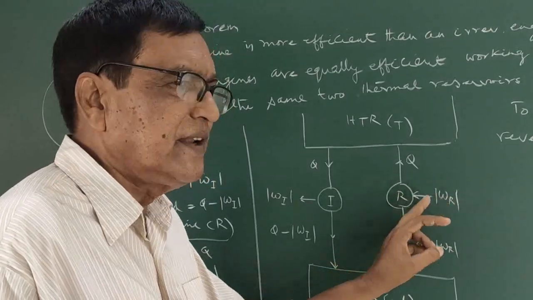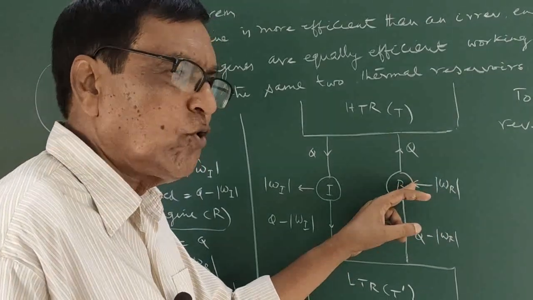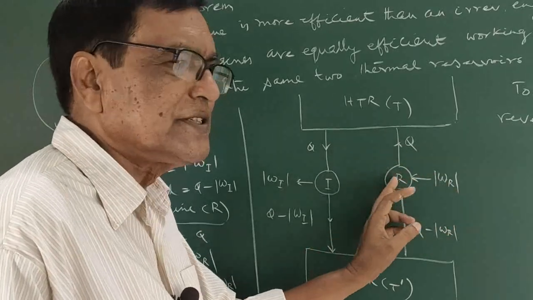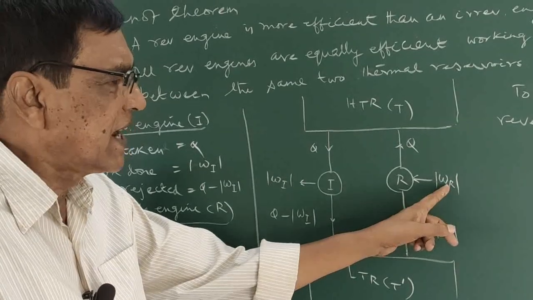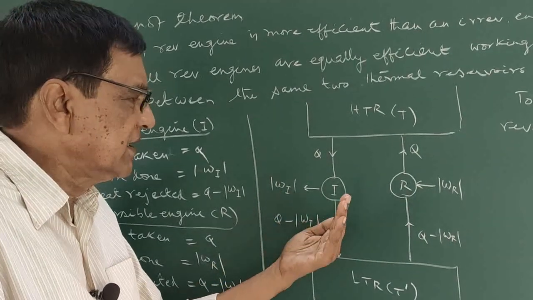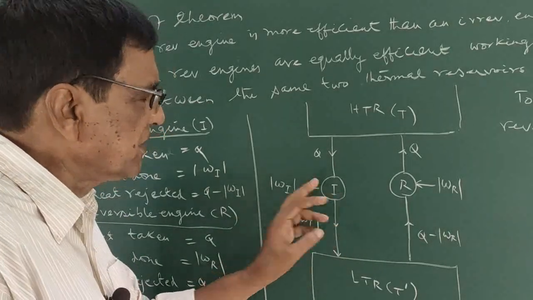Without putting a sign, we are putting the direction, the arrow. This amount of work is done on this refrigerator, and this amount of work is done by the irreversible engine.